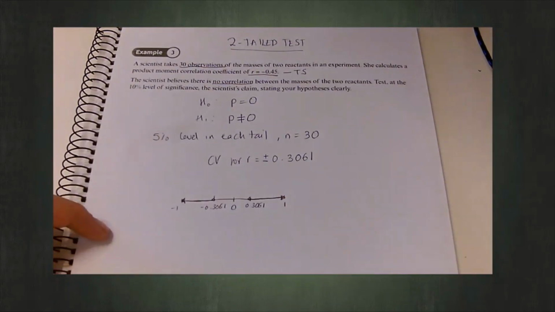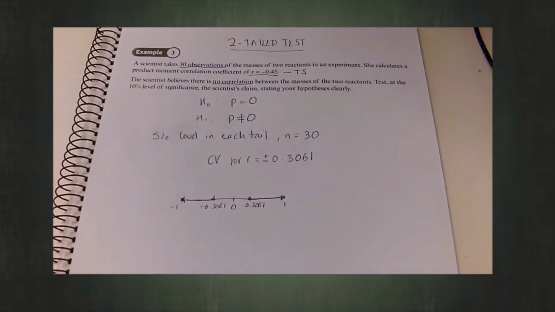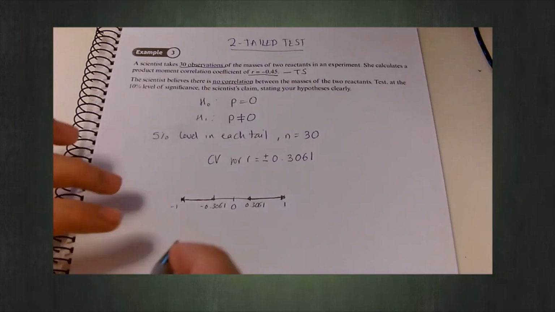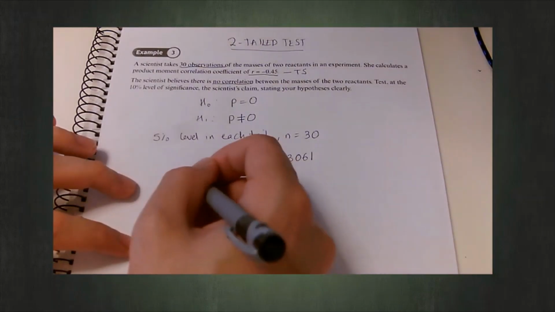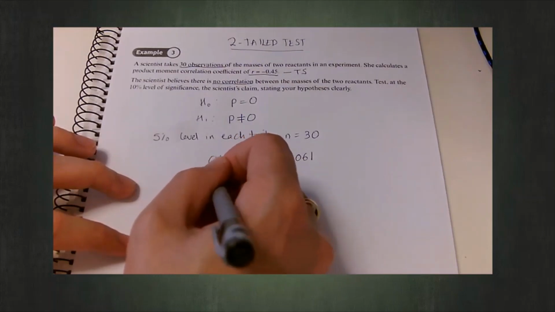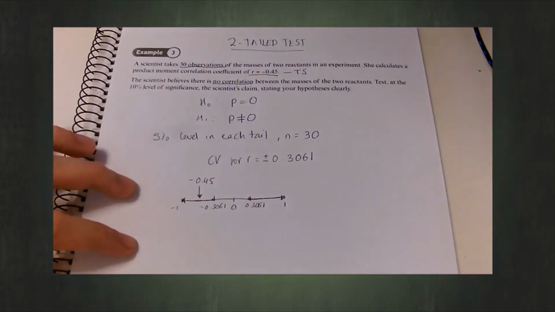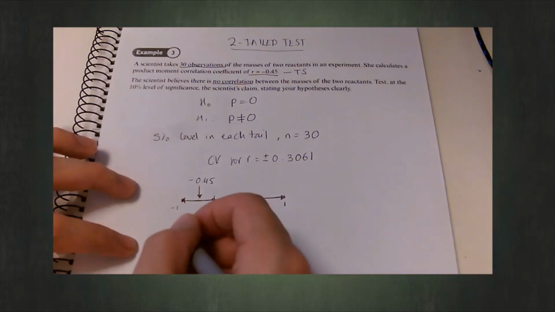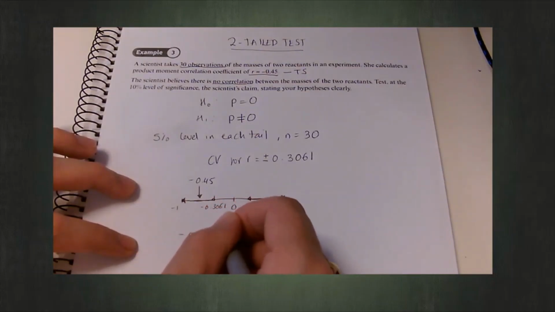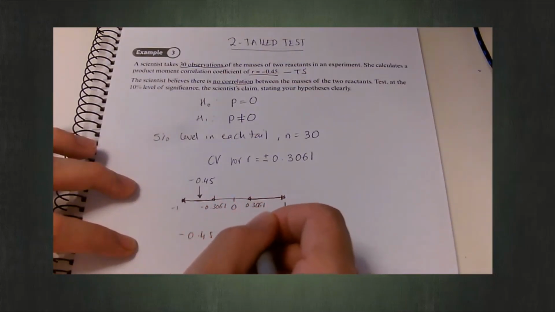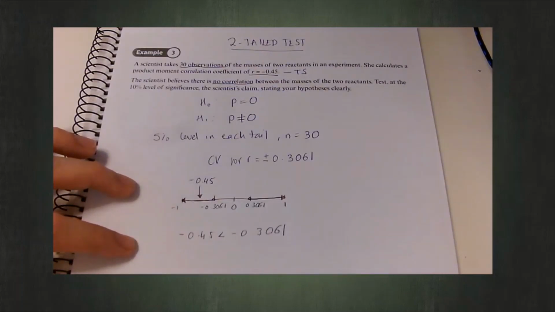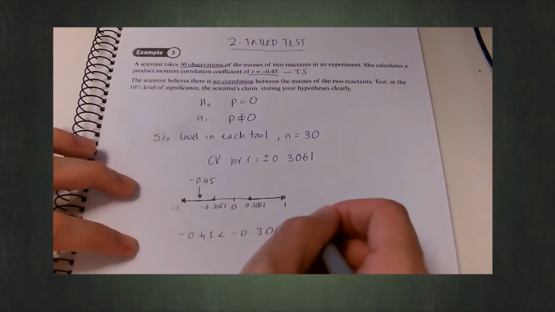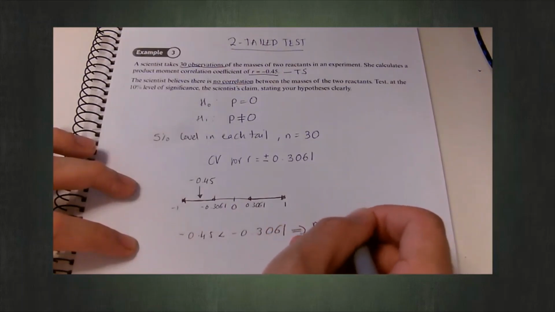Once we've analysed that, we think minus 0.45. Minus 0.45, which is the test statistic, is in here, in the lower critical region. So what that basically means is minus 0.45 is less than minus 0.3061, and therefore you would reject H0.